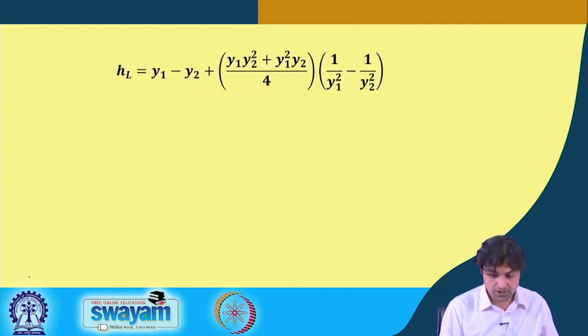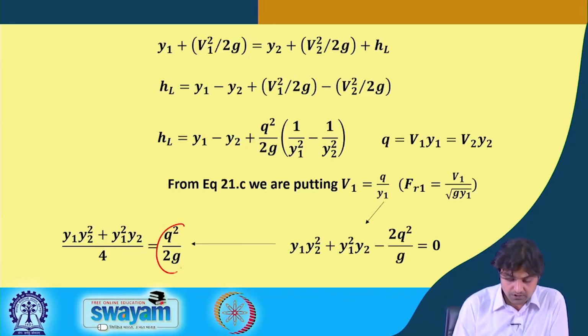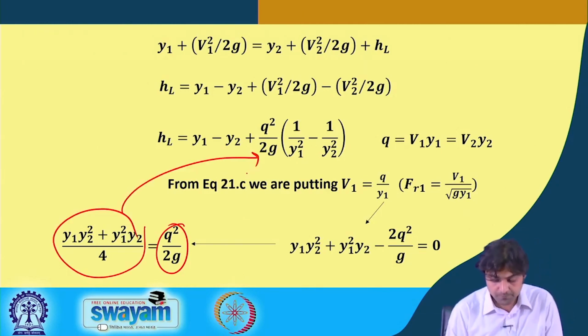So, this equation becomes, this q square by 2g is equal to this, and we put it here.